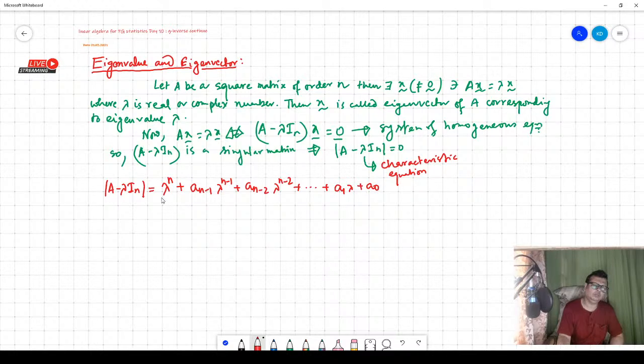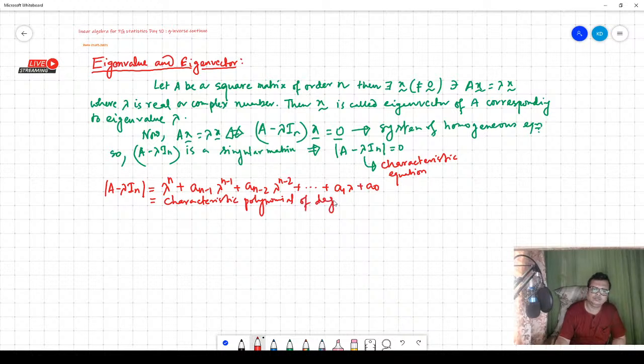So this is a monic polynomial because the coefficient of lambda to the n is 1, and this is called the characteristic polynomial of degree n, and we denote this by chi_A(lambda).